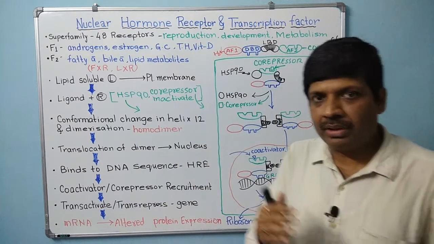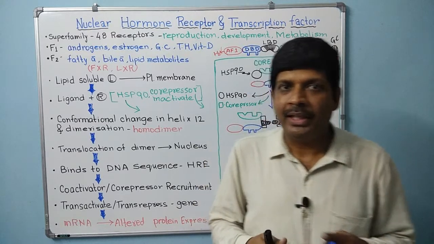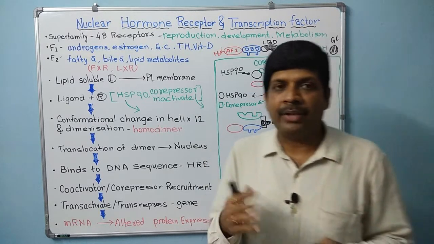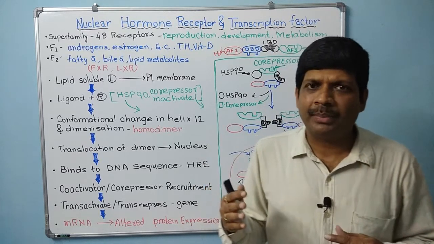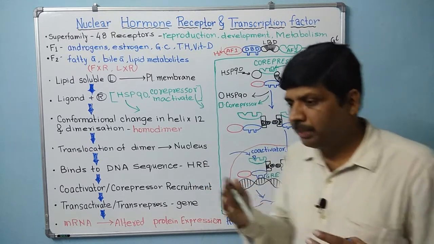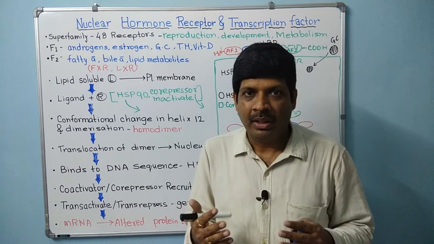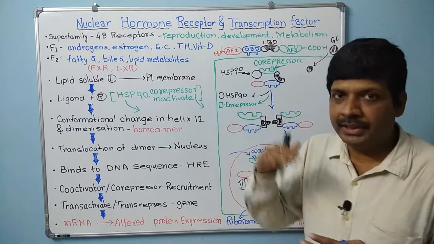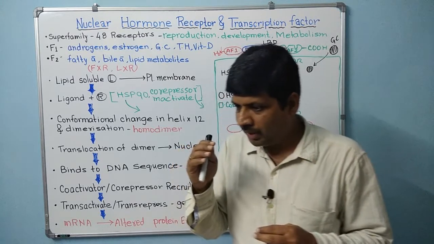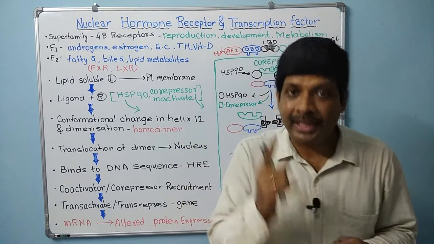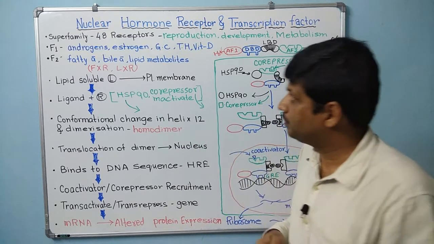Other physiological receptors, like JAK-STAT, tyrosine kinase and ligand mediated, are usually present in the plasma membrane, but here it is present in the cytoplasm. So because it is present in cytoplasm, it is known as intracellular and cytoplasmic receptor.